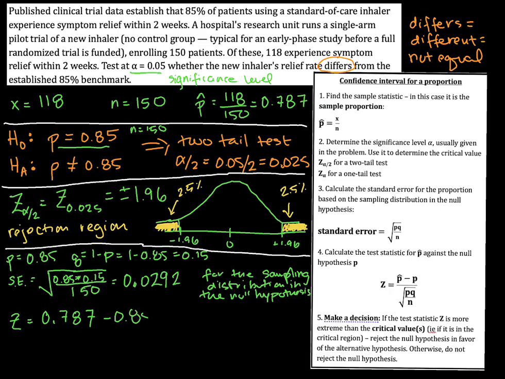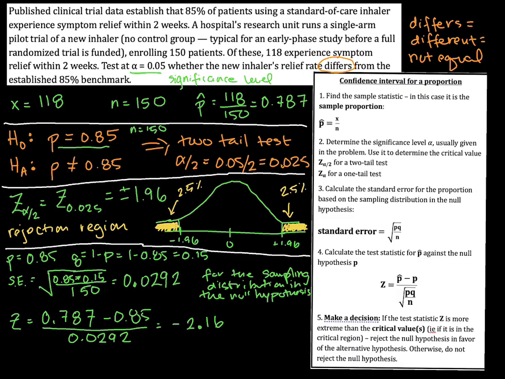So that's the mean of the sampling distribution, or the proportion, and then dividing by 0.0292. On my calculator, 0.787 minus 0.85, divided by 0.0292, gives me negative 2.157, so I'm going to round it to 2.16.